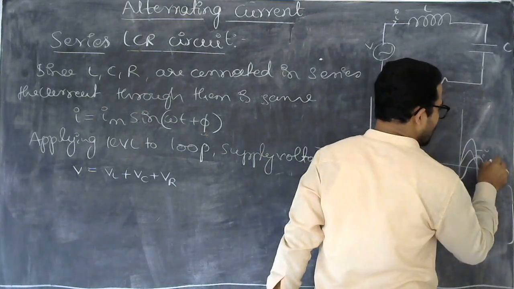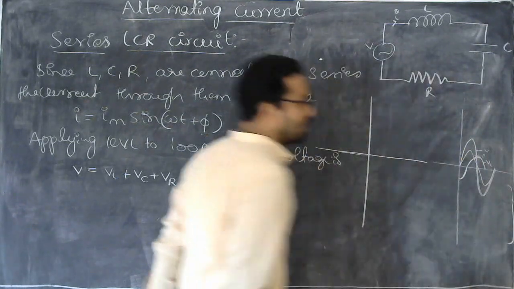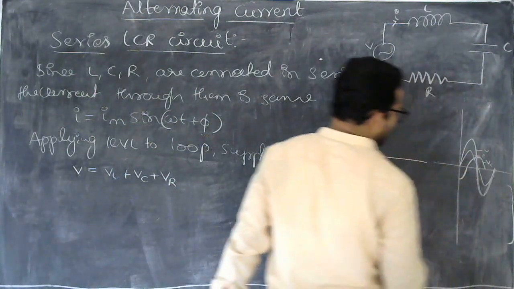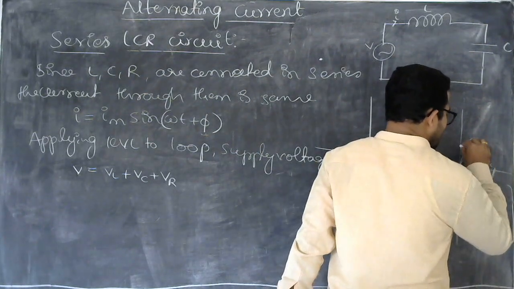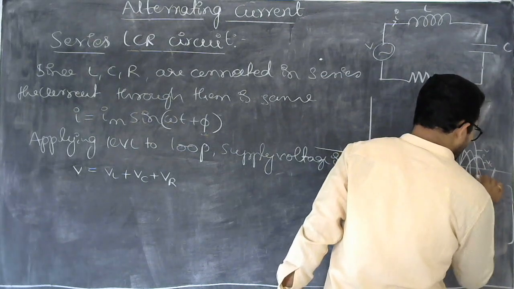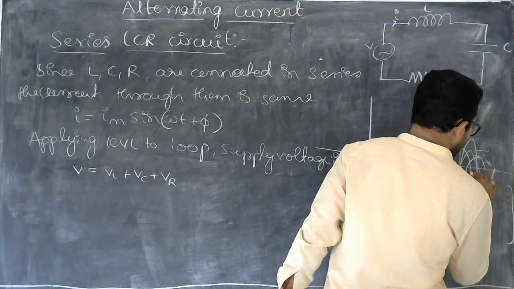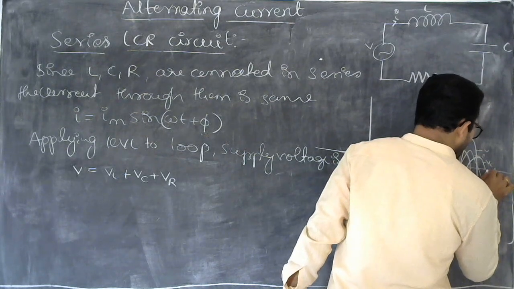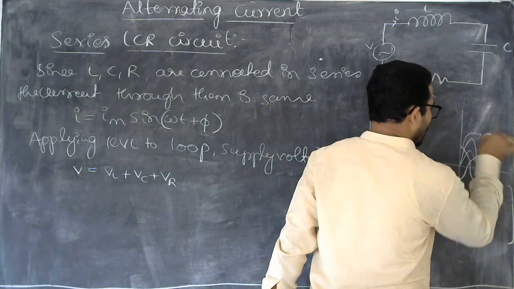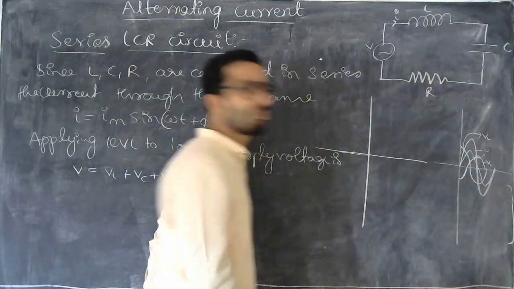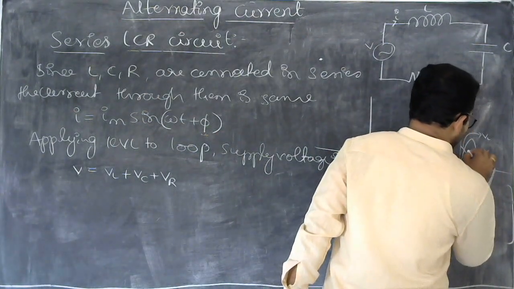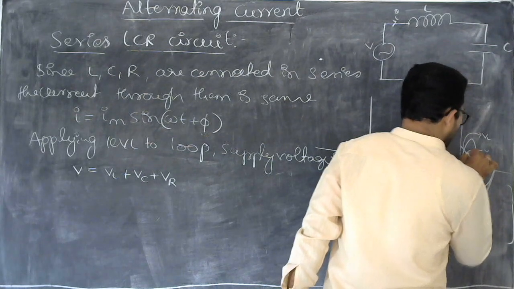So this is for VC, and in the case of inductor, voltage leads. See, this is for VL.